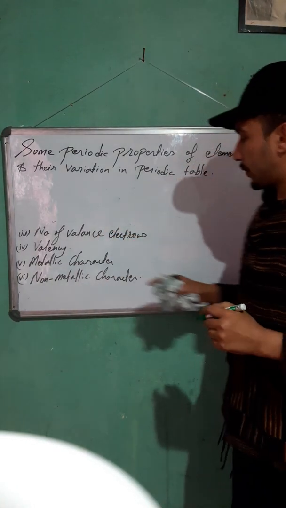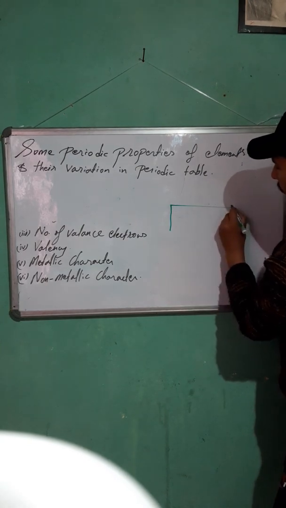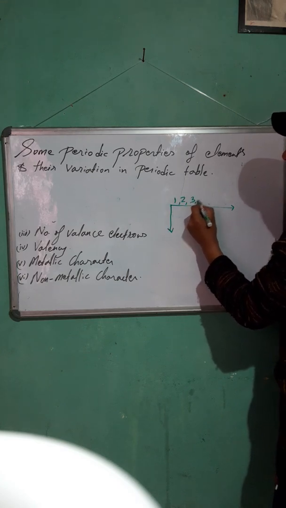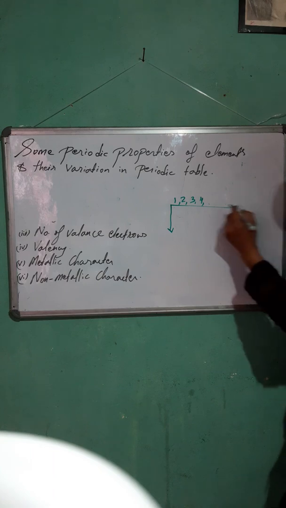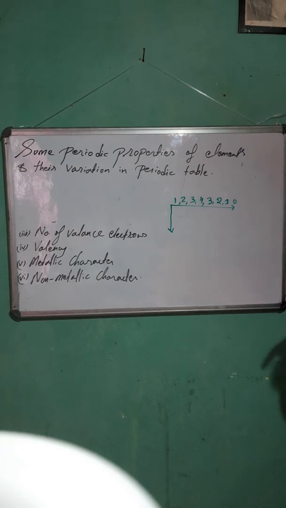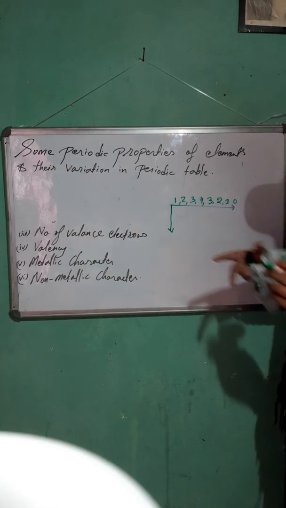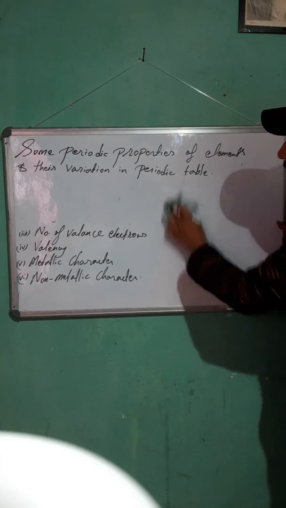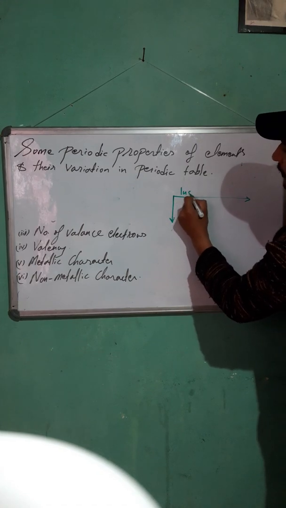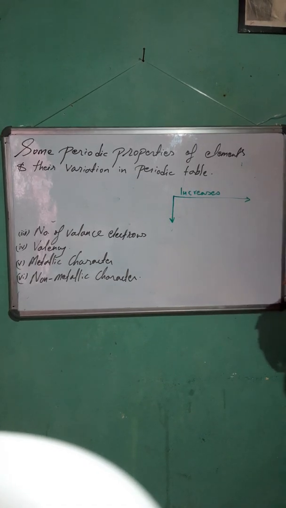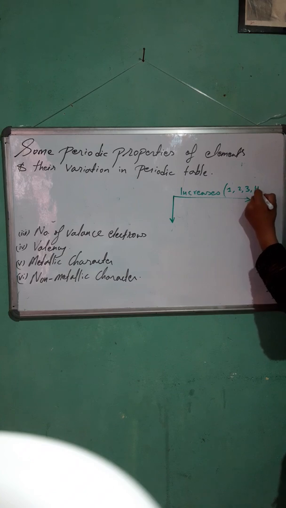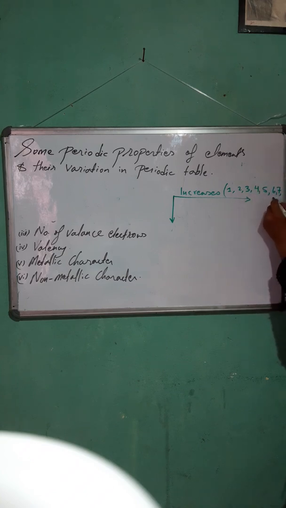So number of valence electrons along a period from left to right increases. Not like 1, 2, 3, 4 and then decreasing; that is for valency. Valence electrons increase across a period: first is 1, second is 2, 3, 4, 5, 6, 7, and ultimately it becomes 8.